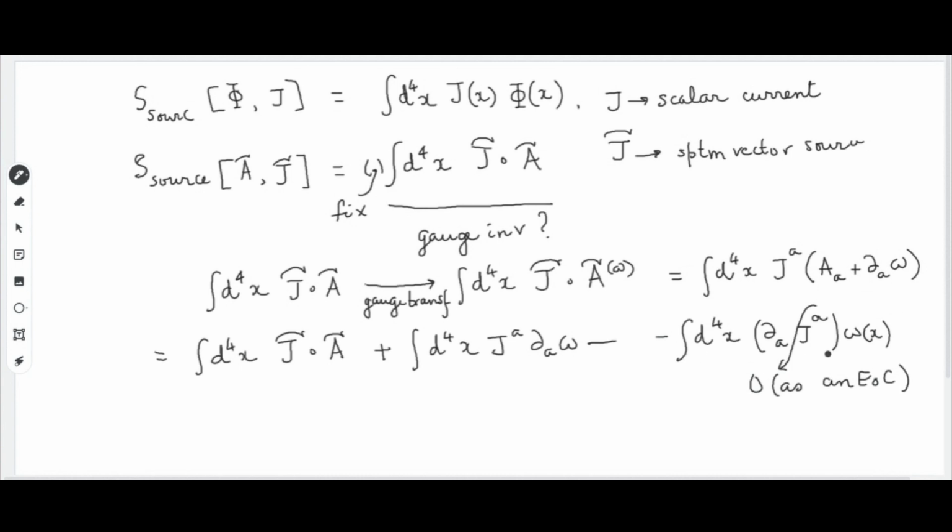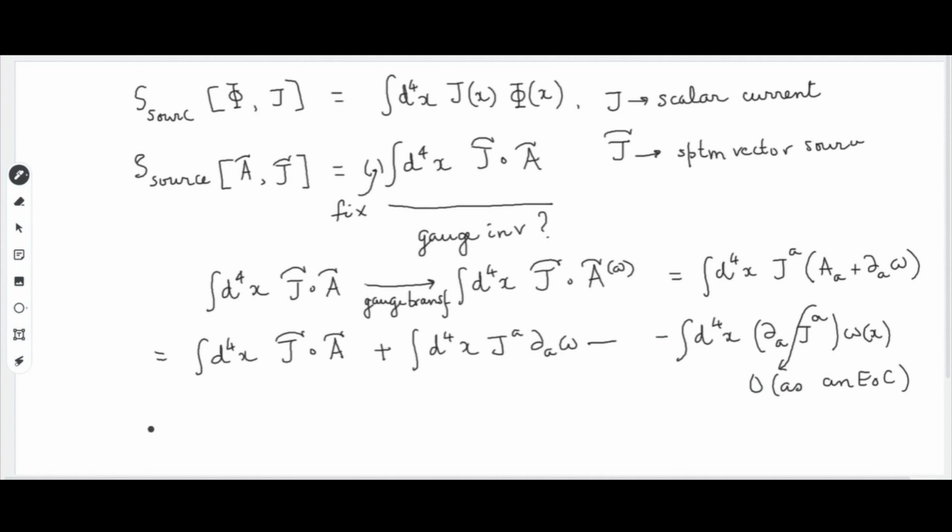So what we are saying is this term J dot A is gauge invariant provided the current is conserved. If the current is locally conserved, that's del_A J^A equal to 0, then I have no problem. The gauge non-invariant term drops out, and indeed I have a gauge invariant action.